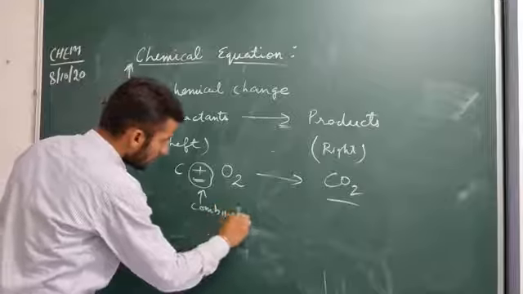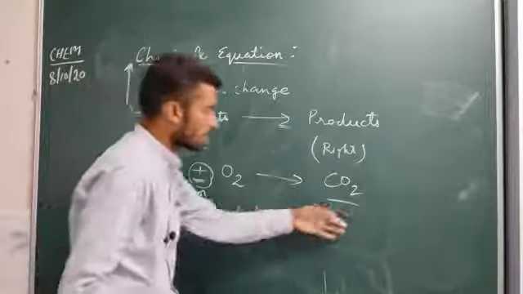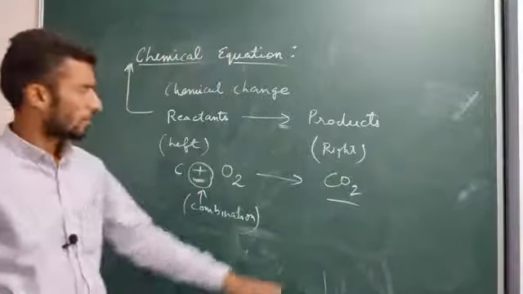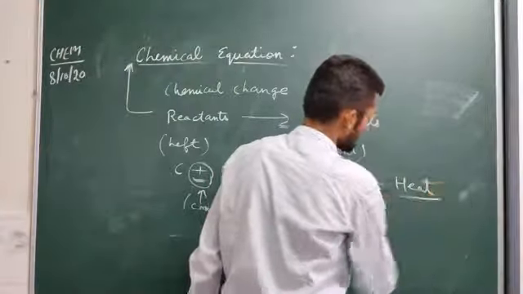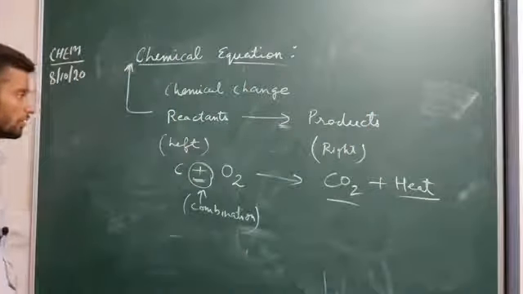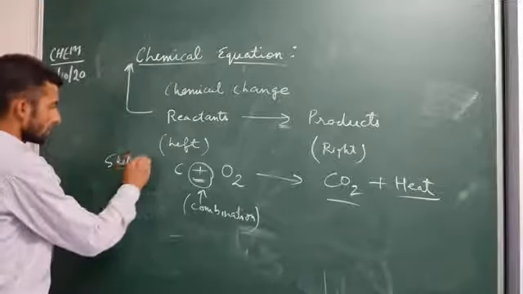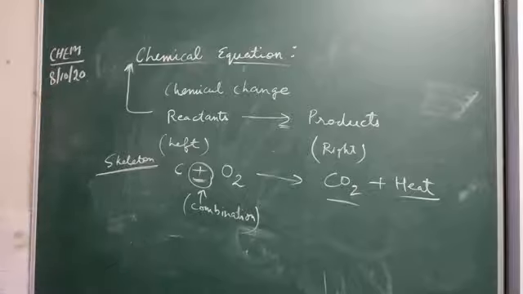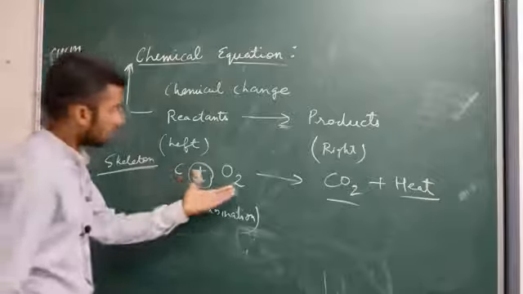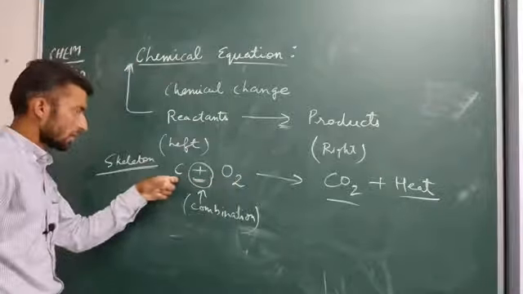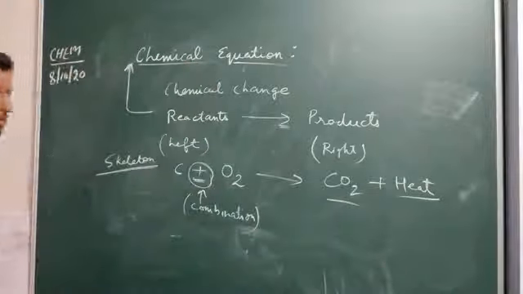When these two are combined, there is formation of a new substance which we call carbon dioxide, and along with carbon dioxide there is formation of some heat, or light energy can also be there. So this equation is known as a skeleton equation, which shows only the reactants and products in their molecular formula as well as in their chemical symbol representation, and this one also is in the molecular formula.